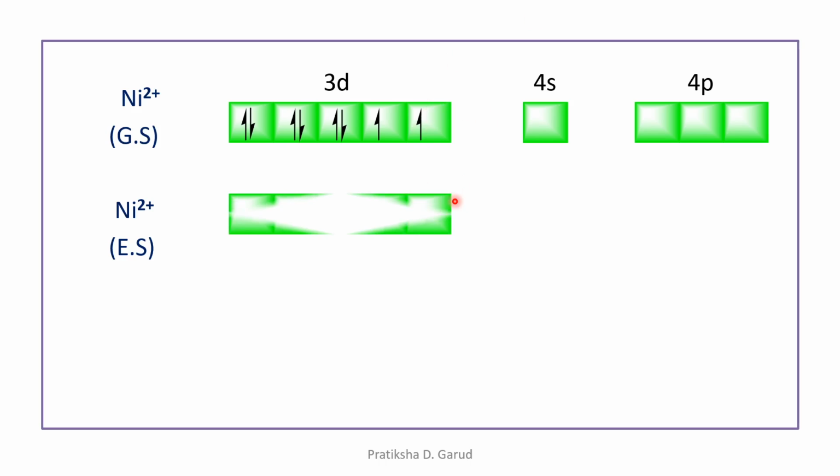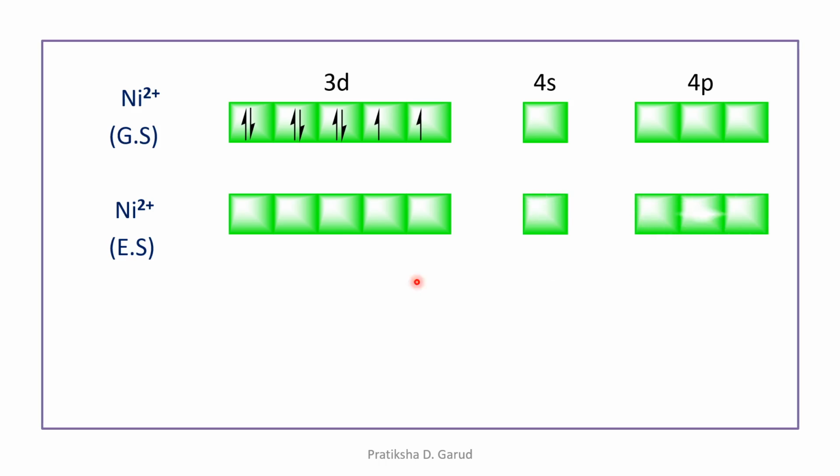So in the excited state, again we are having the 3d atomic orbital, 4s atomic orbital, and the 4p atomic orbital. So here in the excited state, one of the electrons is shifted in the adjacent shell, right?